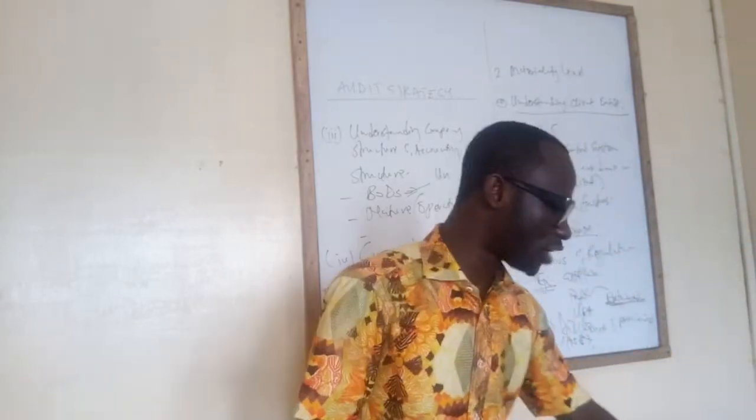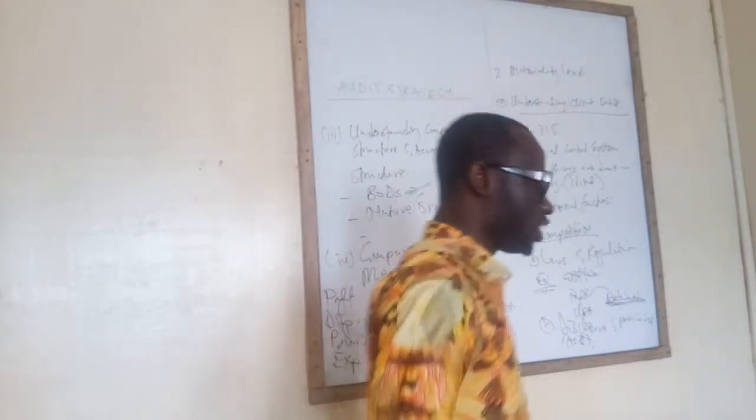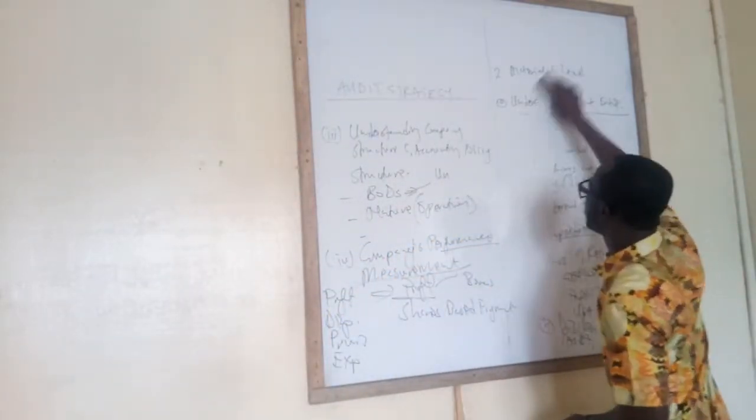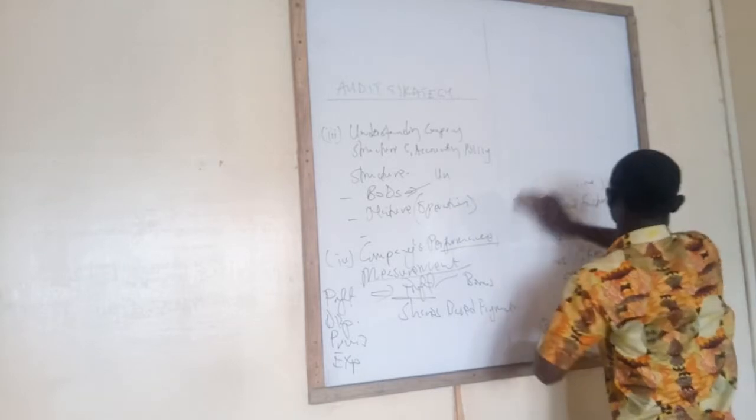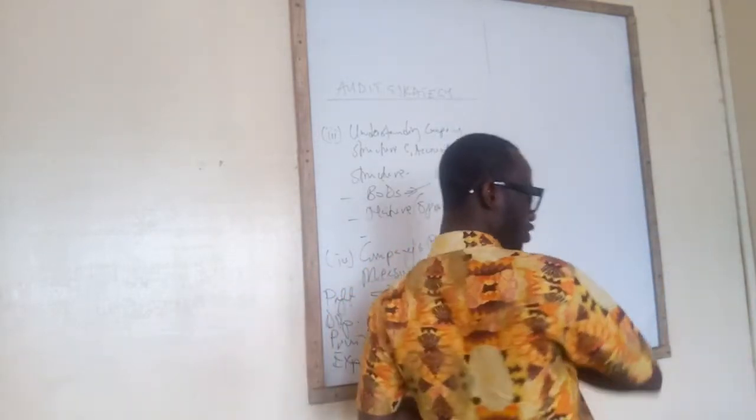Then the last thing we are supposed to know about the company is the company's strategy, business plan, and related business risks.